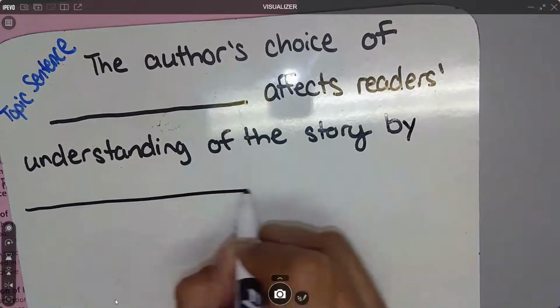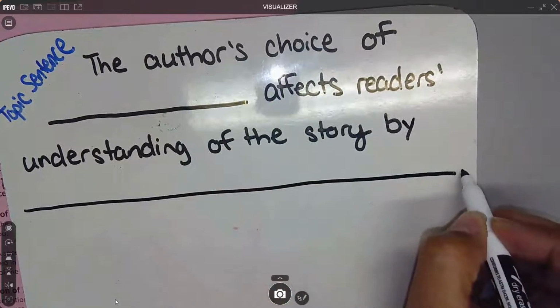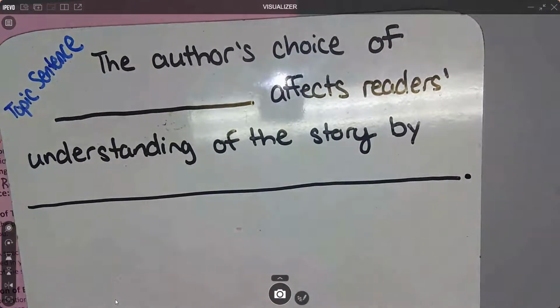And then you're going to write the effect or limitation that you identified in the chart. So you're just plugging in the information that you already have in your chart.